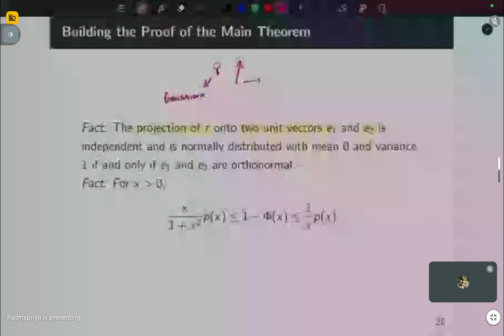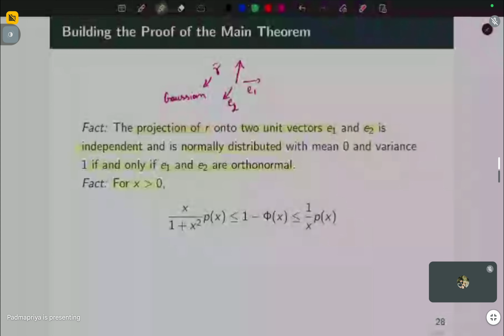They can be anywhere. This is independent and normally distributed. It will be normally distributed, we know, but the important fact is independent, with mean 0 and variance 1, if and only if these two are orthonormal. This is some fact that you have to take me for my word.